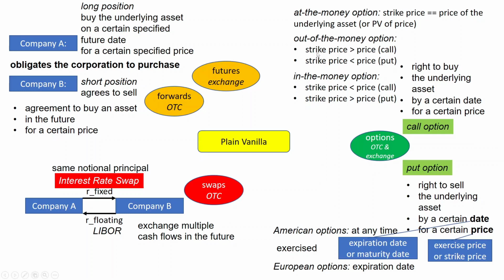Out of the money option means that the strike price is worse than the actual market price. So in this case, if it's a call and I wanted to buy something, then I don't want to execute this one because I would buy at an expensive level compared to the actual market price.